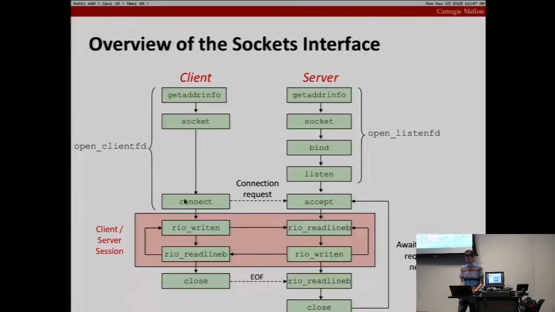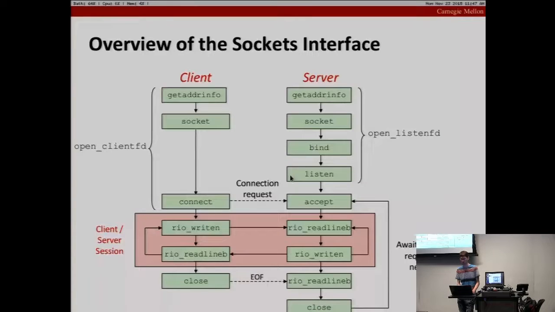Then the client, once it has a socket, just connects. You give it who to connect to, and it connects to it, and then you're done there. The server has to do a little bit more. The server has to bind its socket to a particular IP address and port, so that when information comes in on that, it knows that's the socket associated with it.